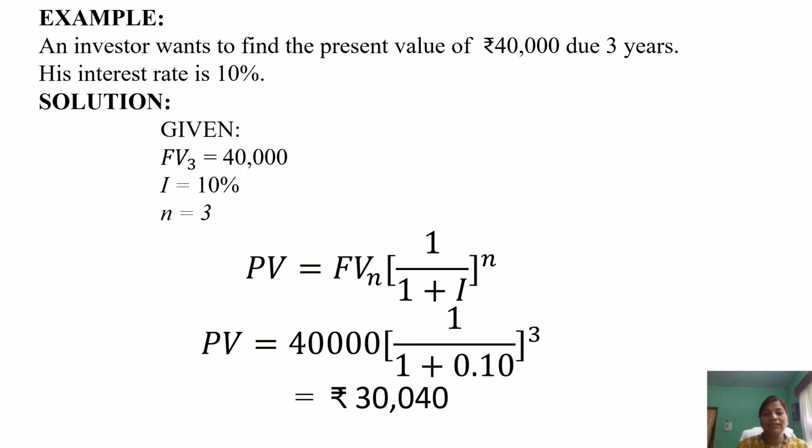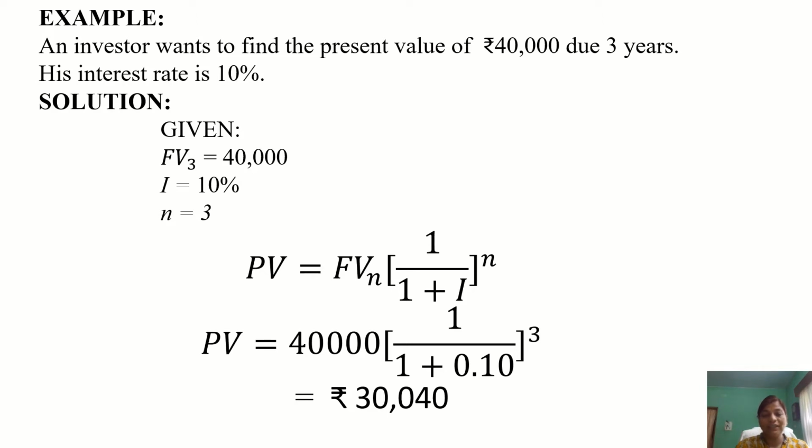The rate of interest is 10%. So the future value that is going to be generated after 3 years, that is FV3, is 40,000, i is 10%, n is 3 years. Now when we substitute, for this 40,000 rupees we get a value of 30,040 rupees.